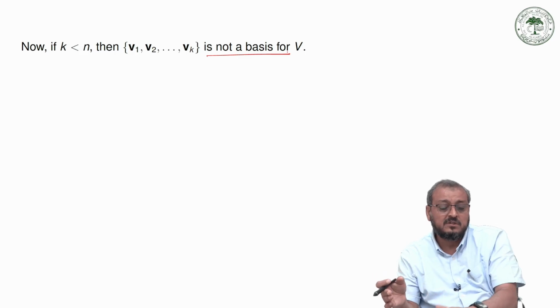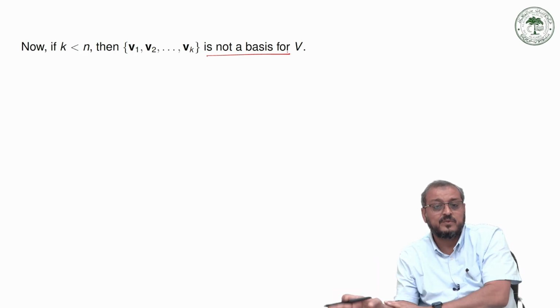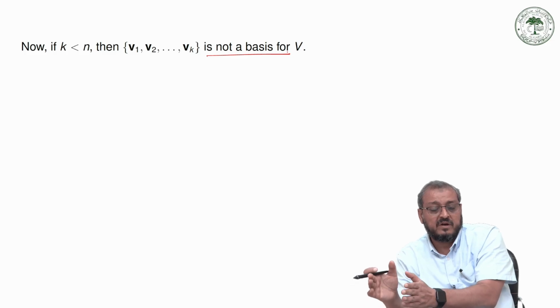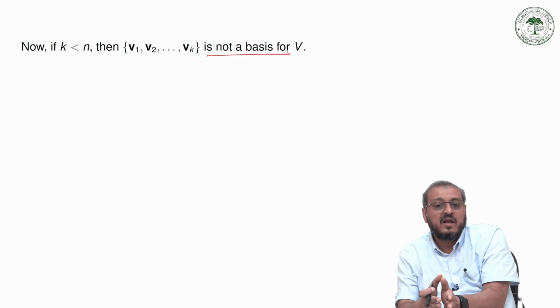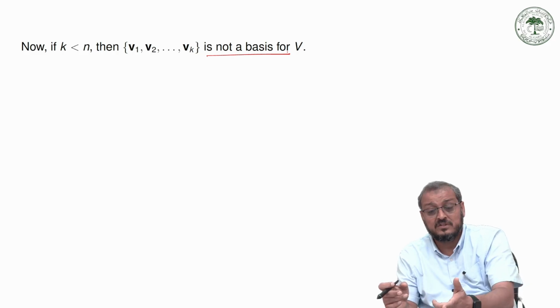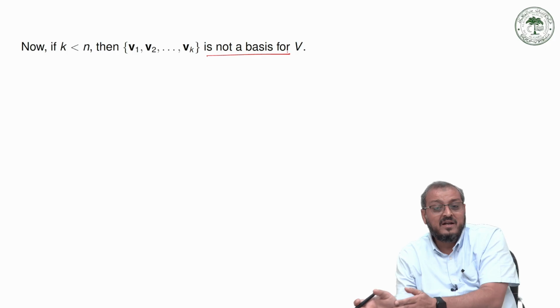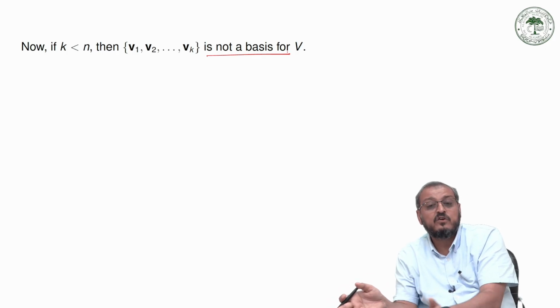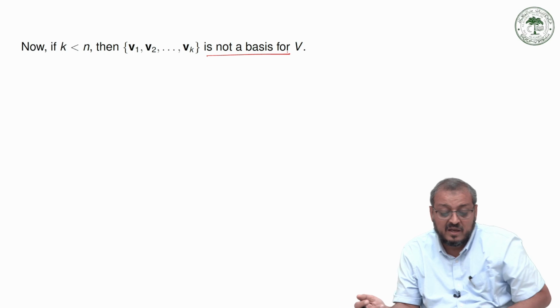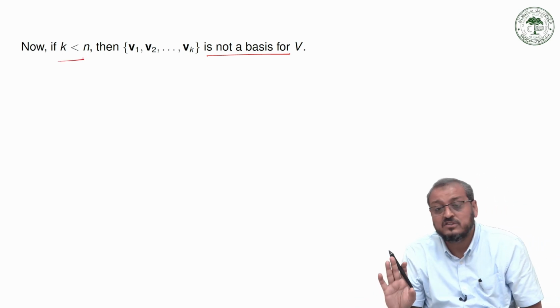Why is it not a basis? Because in an n-dimensional vector space, a basis has n elements which are linearly independent and whose span generates the whole vector space. So the span equals V only when we have n vectors, and if k is strictly less than n, it is clearly not a basis.